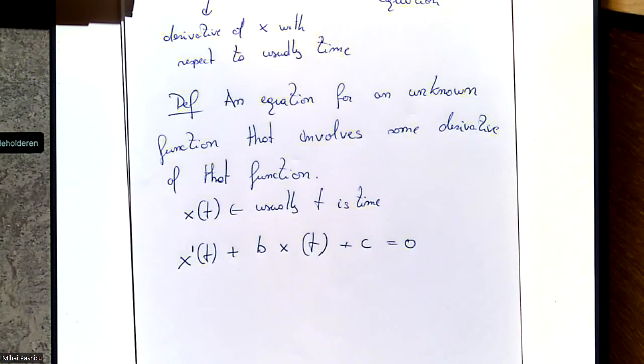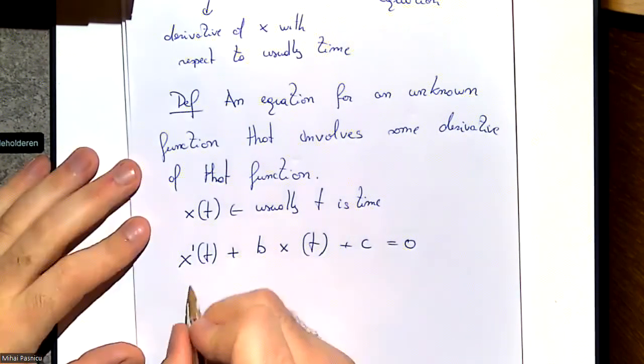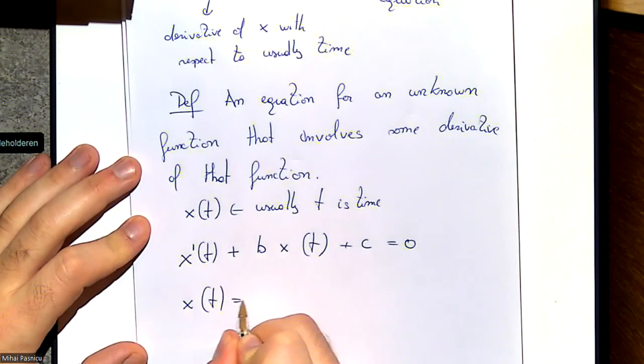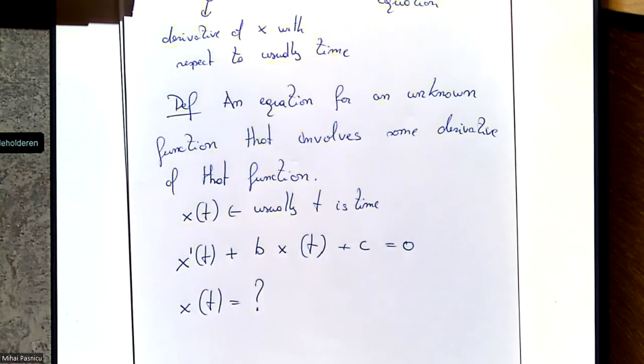This is the one we're going to try to do. By the end of this class, hopefully, once you get something like this, you will be able to compute x of t, how does it look in order to satisfy this equation? And it's not that hard.